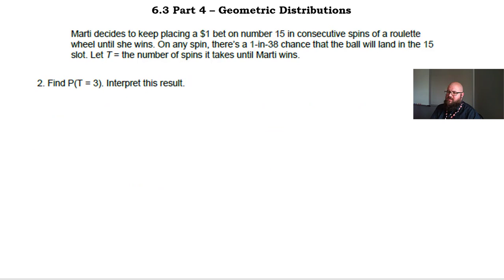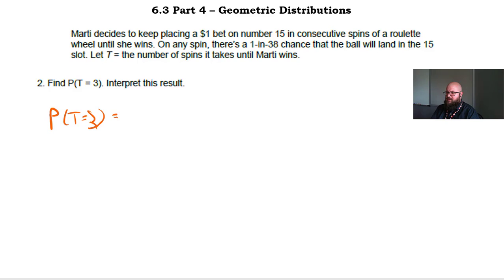So for number 2 here, it says find the probability of T equals 3 and interpret the results. So for the probability of T to equal 3, we're simply going to work out here, she's going to have to lose, lose, and win then, right?